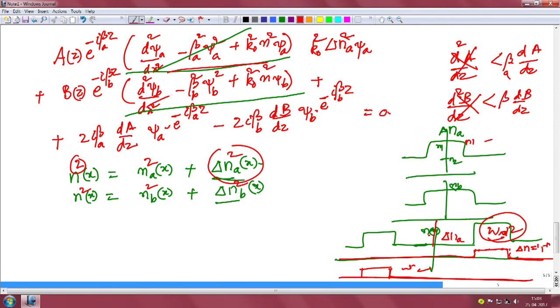Similarly, I will replace this entire factor by k0 squared delta n b squared psi B. So, the final expression looks like this.